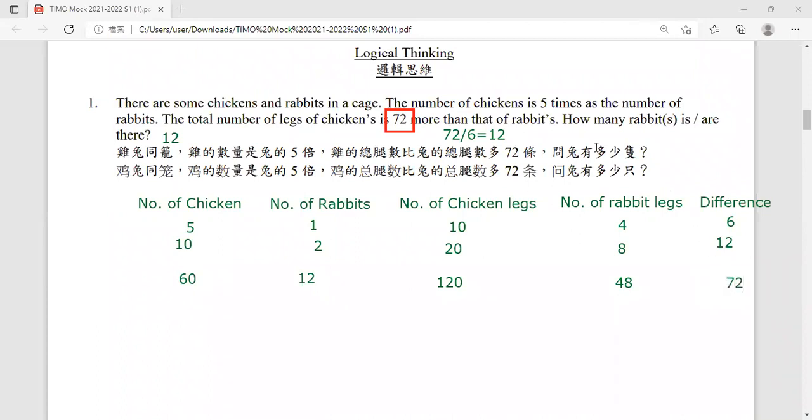Of course, if you don't want to use this method, you can use algebra. Algebra is also very good because I want to find the number of rabbits. So let y be the number of rabbits.